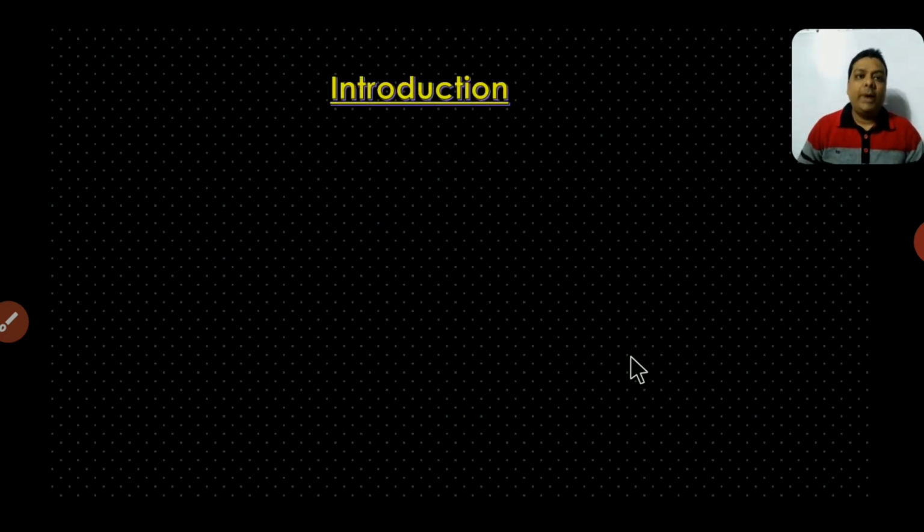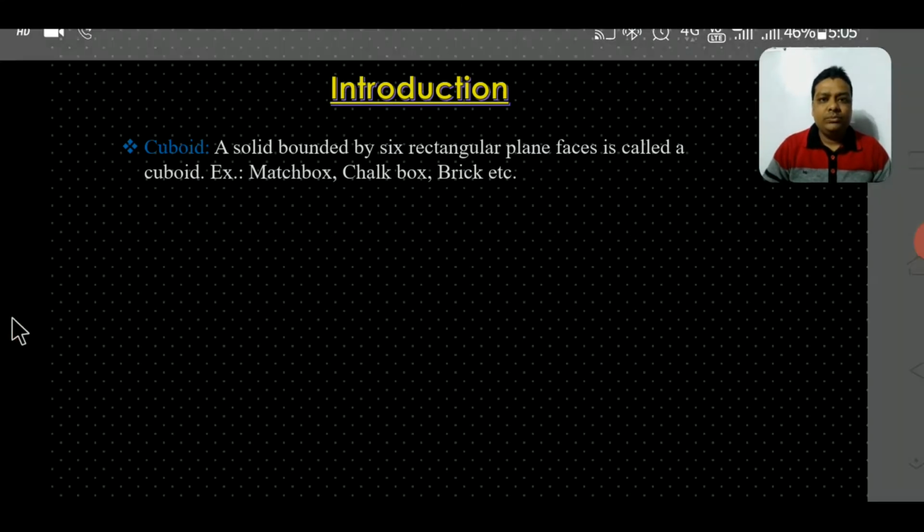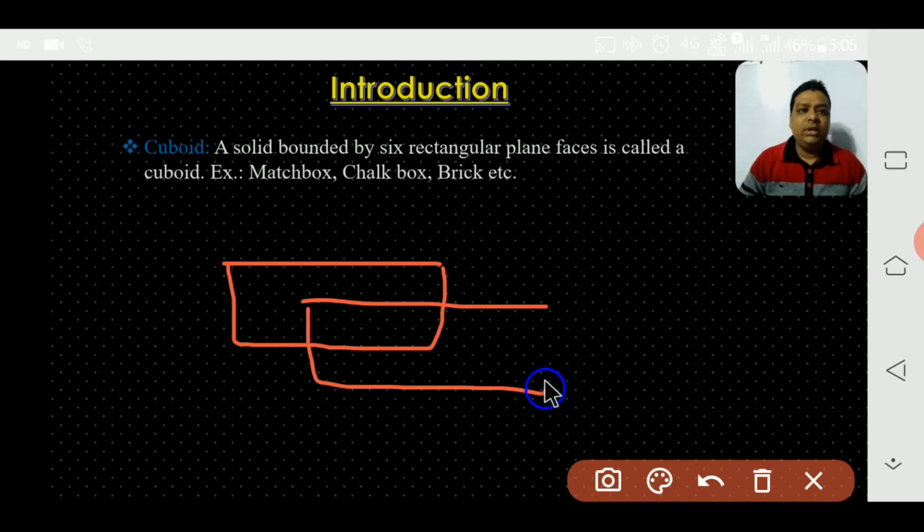Introduction of cuboid. What is a cuboid at first? It is a solid figure. If you draw a rectangle, then the 3D figure of the rectangle is called a cuboid, like this.